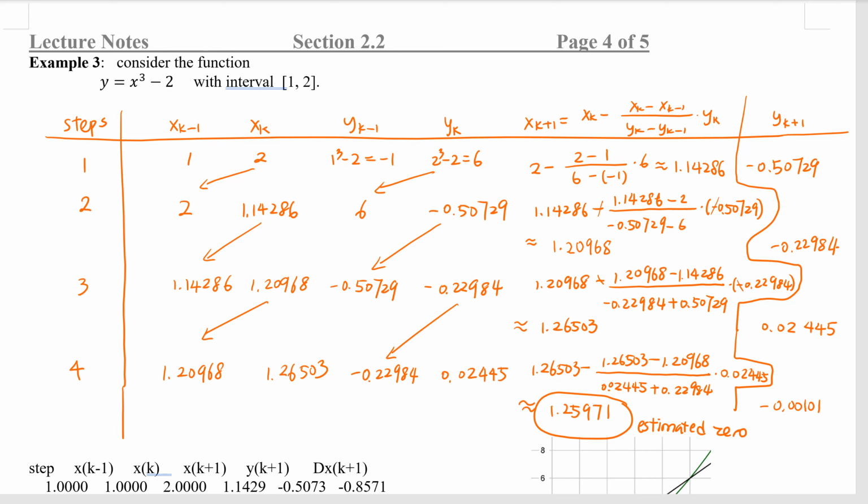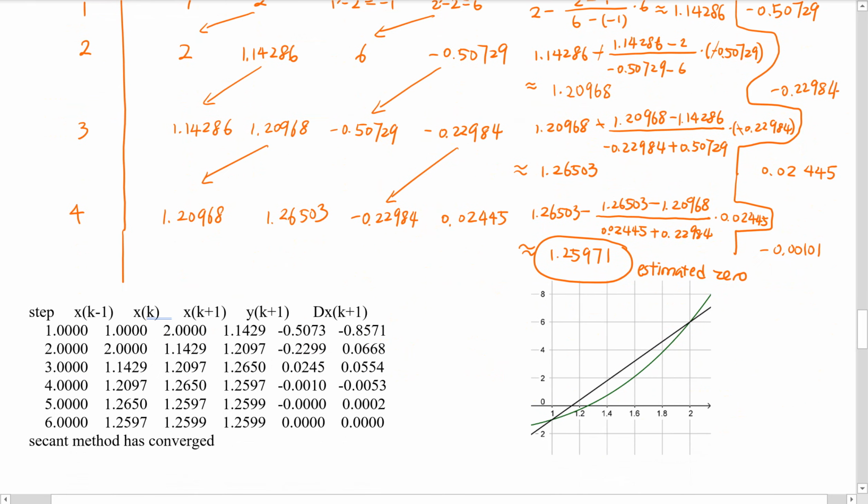So in your homework or exam, I will tell you how many steps that you need to do. Okay, so if we type this in MATLAB, this is what we get. And you can see the 4 steps. We get 1.2597 and that matches. And here 0.001 matches as well.